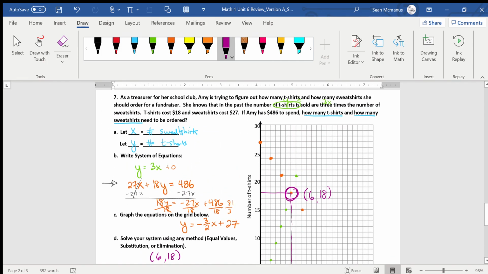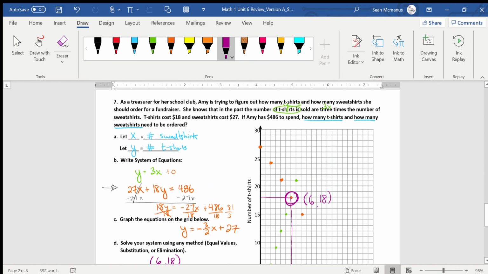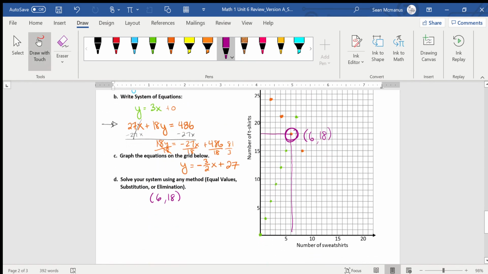So what does that mean? X was the number of sweatshirts. So she needs to order 6 sweatshirts and 18 t-shirts.